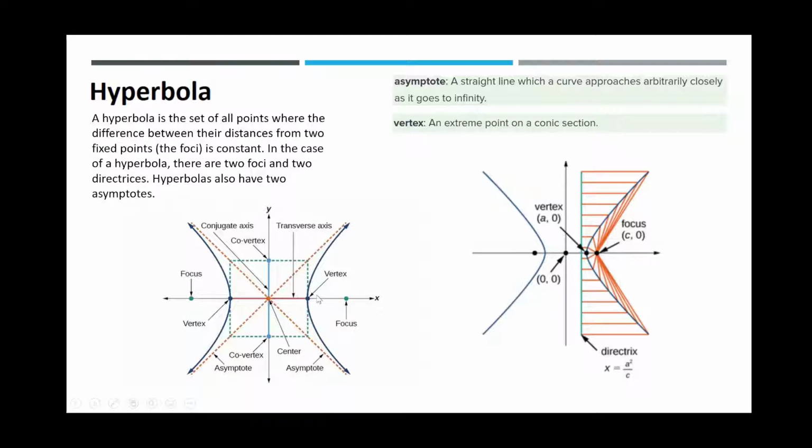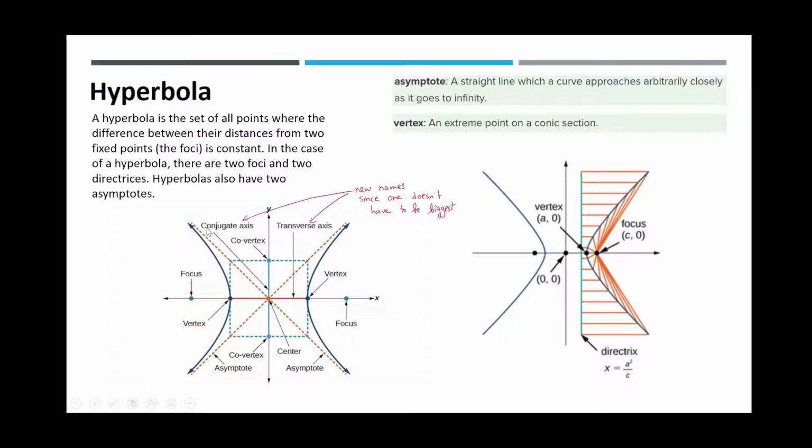Other things that are shown in this picture is the vertex. The vertex is where the actual hyperbola goes through. Focus points are going to be on the inside of the curvature of the hyperbola. I would probably erase this covertex here because the hyperbola doesn't actually go through this, so I would ignore that. What else? The center, obviously, and then we have two new terms.